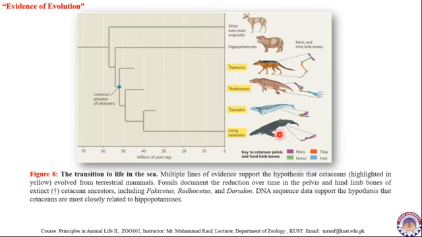So the living cetaceans had a common ancestor with the even-toed ungulates about 55 to 56 million years ago.